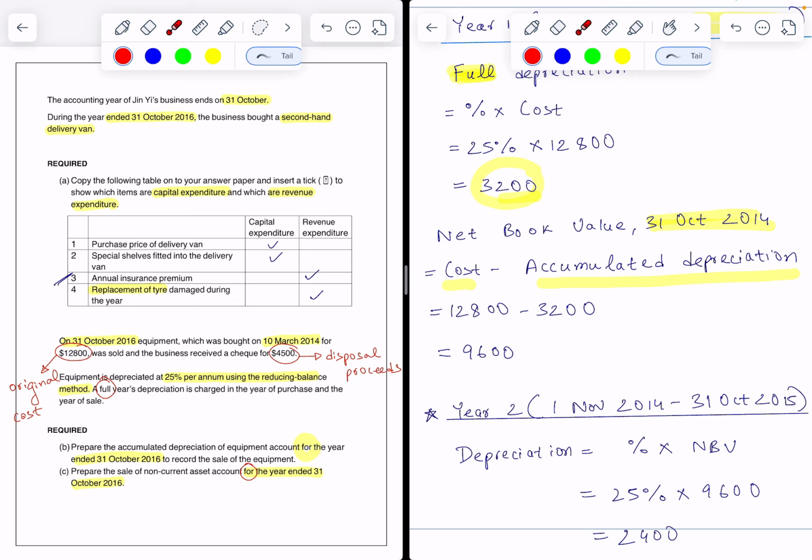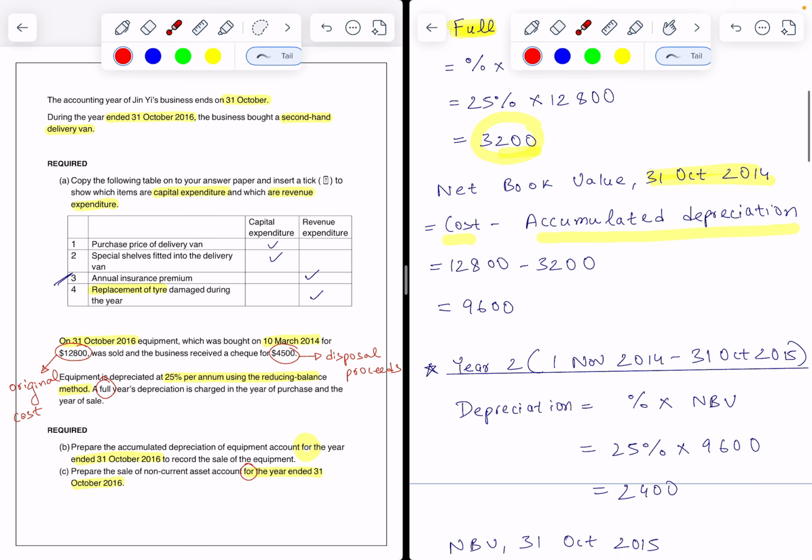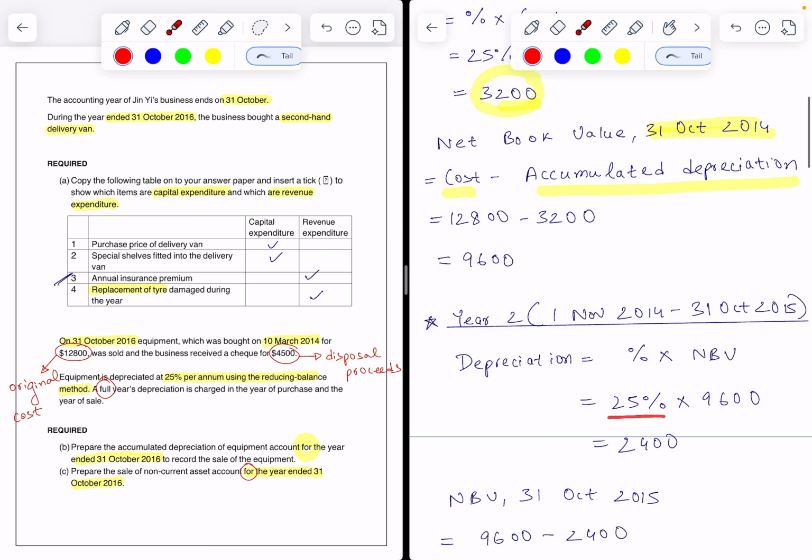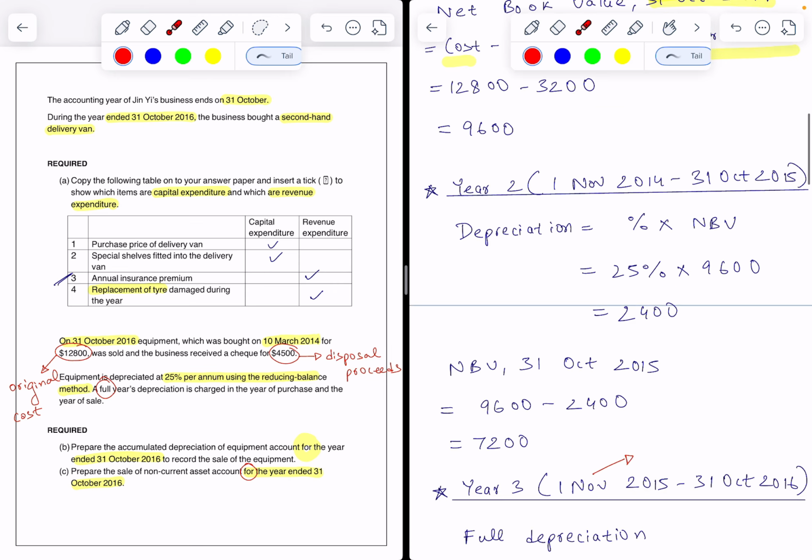So in this second year, if you want to find the depreciation using the reducing balance method, you take the given percentage and multiply it with the net book value which you derived at the end of year 1. The given percentage is 25, and the net book value which we calculated at the end of year 1 is $9,600. So 25% of $9,600 gives us $2,400 as the depreciation expense for year 2.